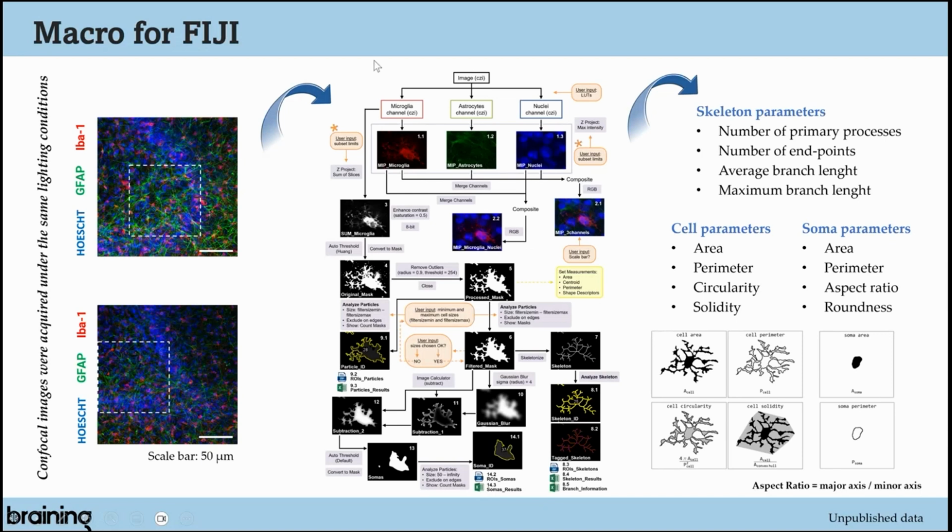Those images are loaded in the macro, which automatically dissociates the colors in the image, and after doing a lot of things that Anna programmed, we end up with three Excel sheets: one with the skeleton parameters, another with the cell parameters, and another with the soma.